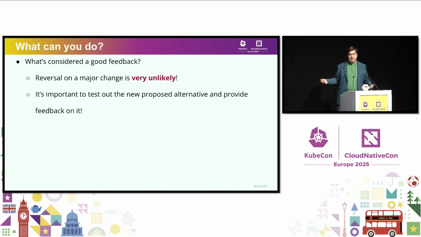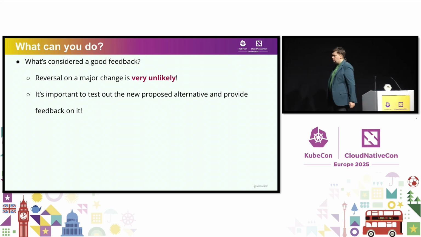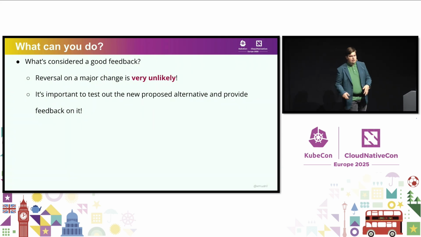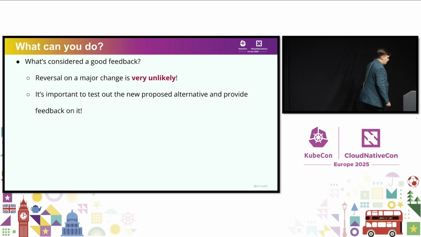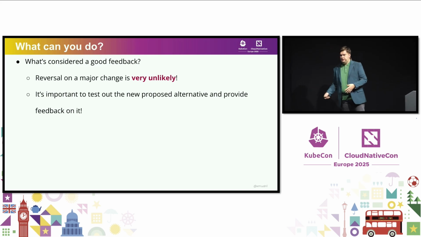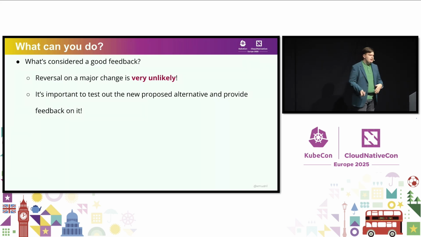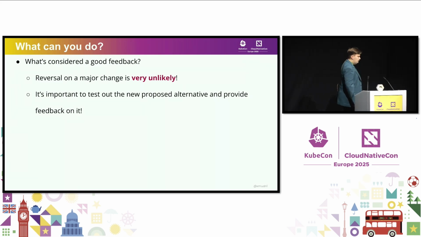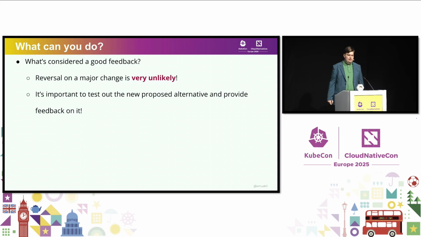So if they decided that it has to go, it is probably for a good reason, not just because they want to, but because it is important for the project. So it's important to focus on the alternative and try it out on time, not to wait for the previous API to be removed and then try something new, but to try it in advance to make sure it works, during the deprecation period before removal happens, and to provide feedback to the maintainers so they know that it works well.